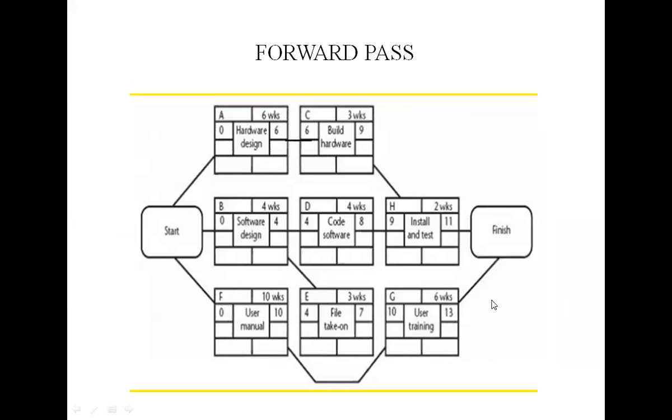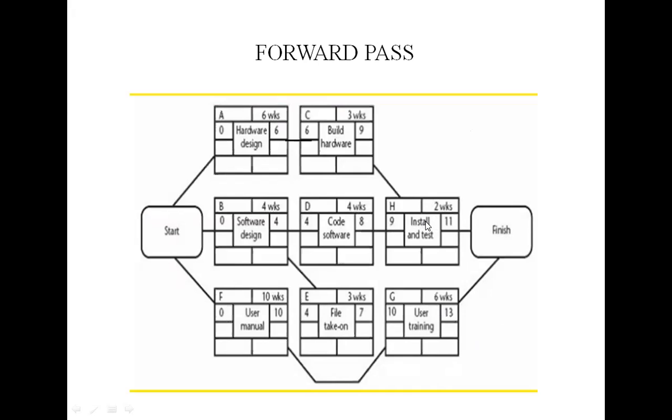The earliest start date is week 7. Sorry. So in the backward pass, the last completion date for each activity, G and H, is assumed to be 13 weeks.